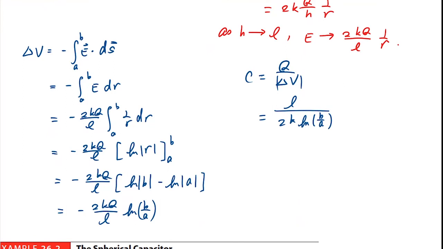In case you want to use epsilon instead of k, remember 1 over k is equal to 4 pi epsilon. So once you put that in, then you will have 2 pi L here, and then epsilon, and then you have ln B over A.